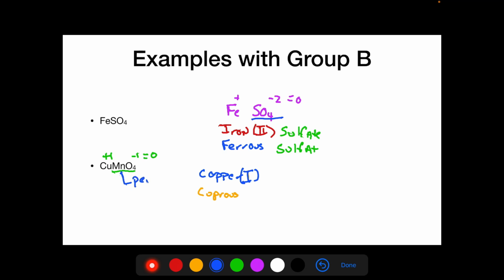And MnO4 is called permanganate. So that's copper 1 permanganate, or cuprous permanganate.